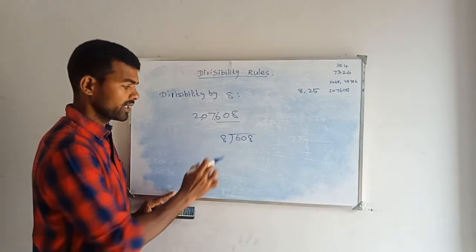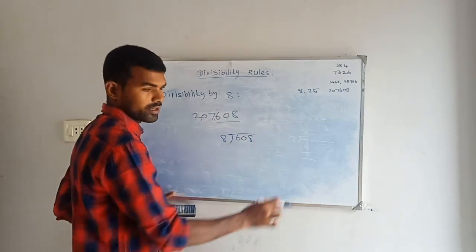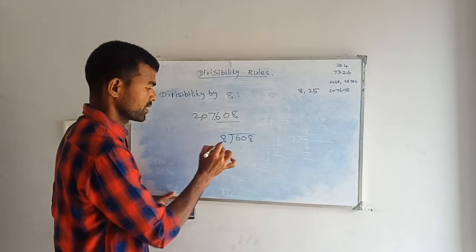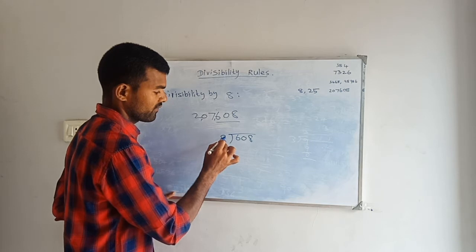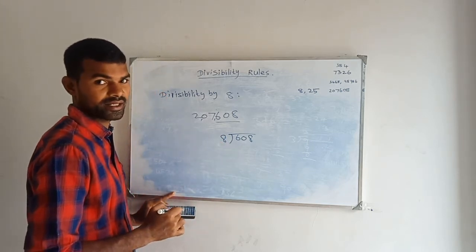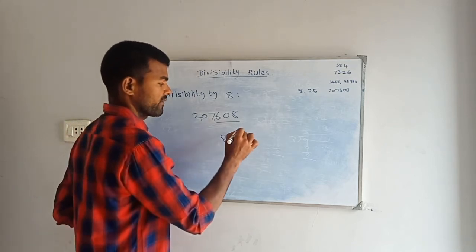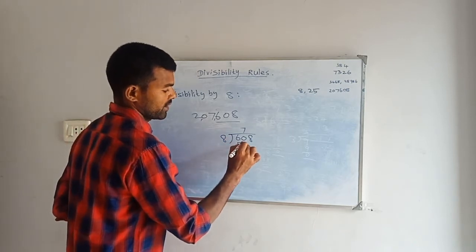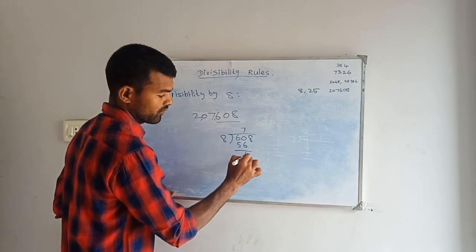Now you know the 8 table: 8 5s are 40, 8 6s are 48, 8 7s are 56. So 7 times is 56, and now subtract, we get remainder 4.